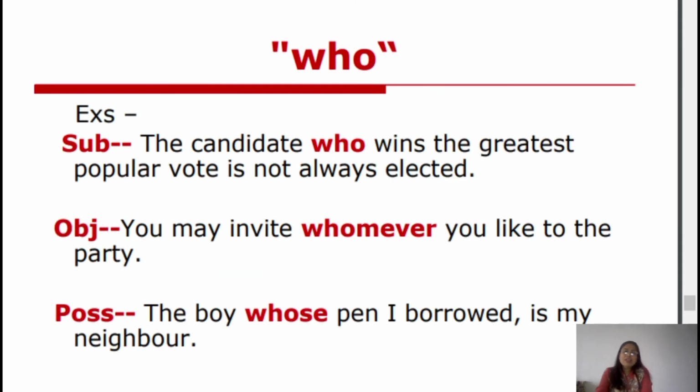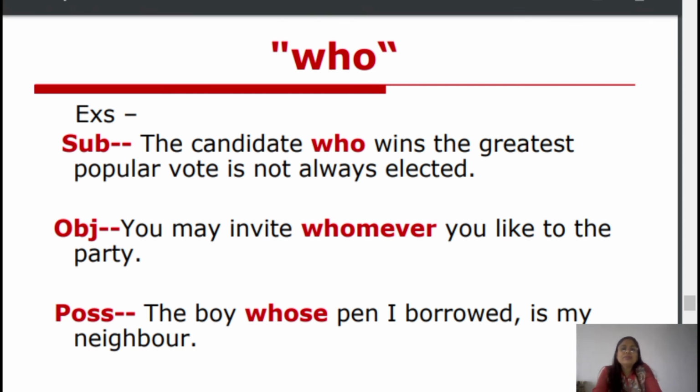Let me explain this with the help of examples. Subjective case. The candidate who wins the greatest popular vote is not always elected. Objective case. You may invite whomever you like to the party. Possessive case. The boy whose pen I borrowed is my neighbor.